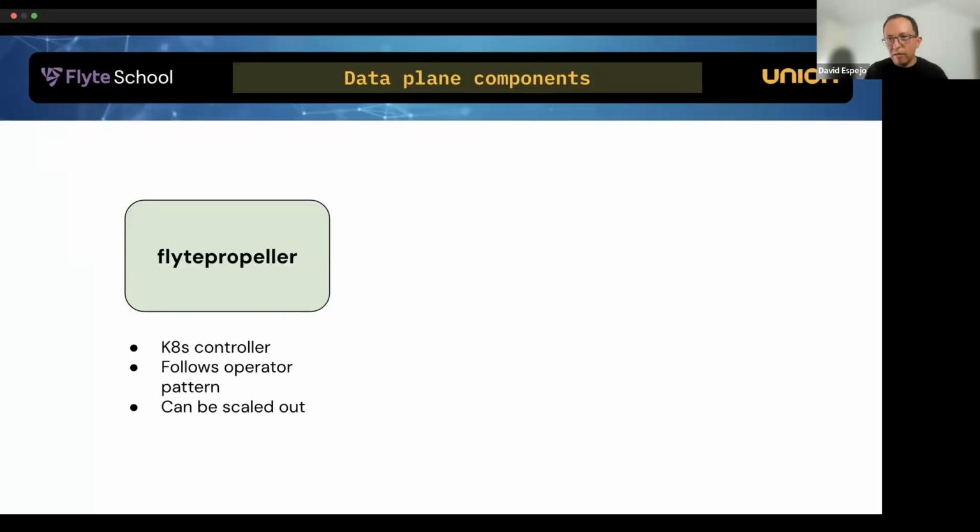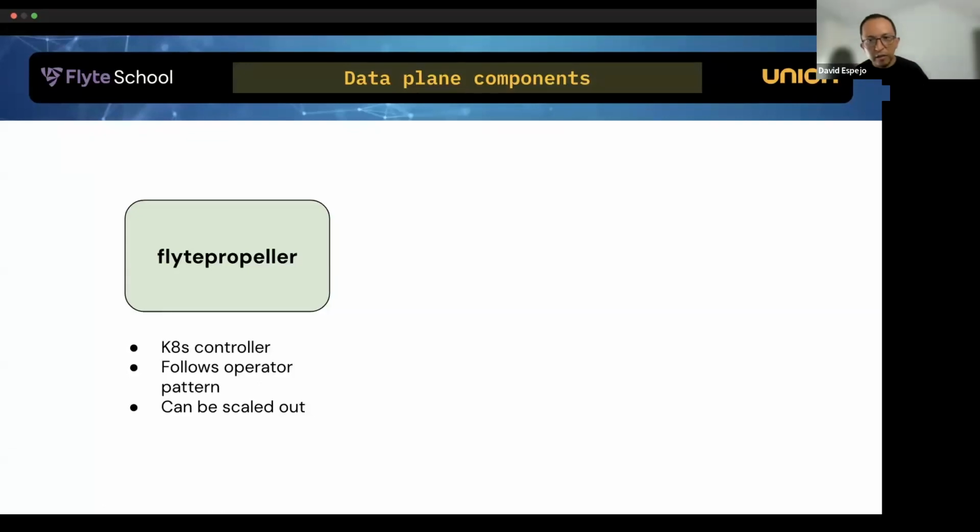If you know how a thermostat works, that's exactly the operator pattern. In this case, Flyte propeller will watch for new CRDs and will understand what the user wants to do, and will kind of reconcile all this logic in the data plane. We will explore this in a little bit, right?